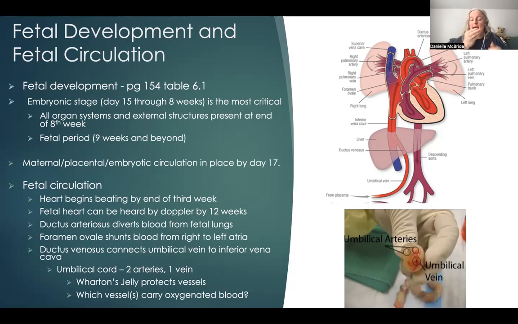Because now when the baby comes out, takes a breath, we clamp the cord, all the pressure changes in the body, and the shunts start to close so that the blood now will go to the lungs for gas exchange. Okay, so I hope that makes sense.